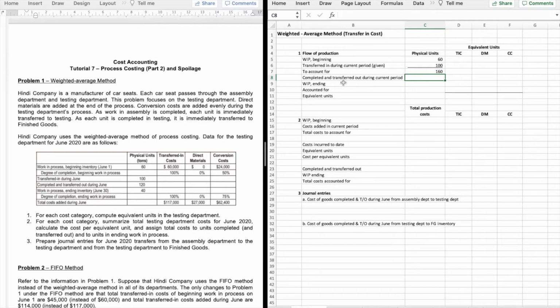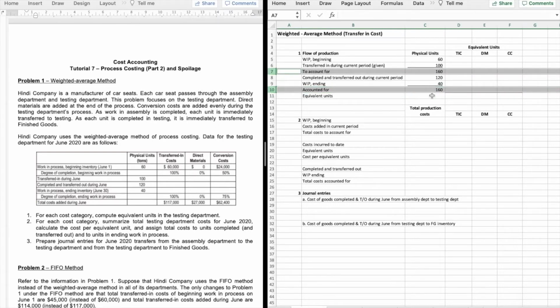After that, we compute the completed and transferred out during the current period, which is 120, and the ending work in process is 40. So here the accounted for is 160. Keep in mind that the numbers for accounted for and to account for will have the same amount.